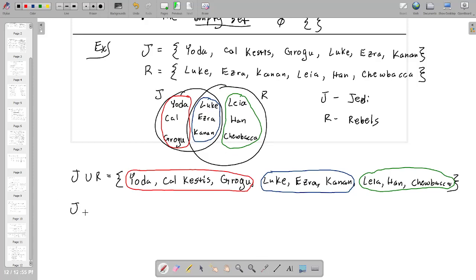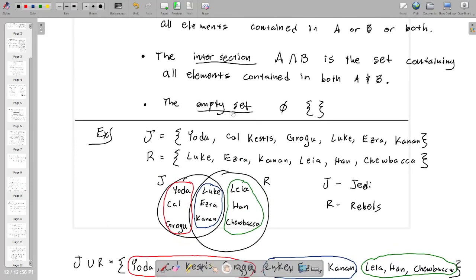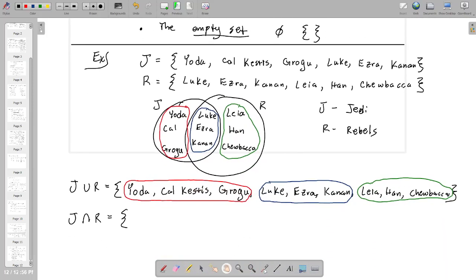And then J intersect R will be the elements that are contained in both A and B. So we look for elements that are in both sets, elements that are common between the two sets. You see Luke, Ezra, Kanan, Luke, Ezra, Kanan. None of the other names overlap.